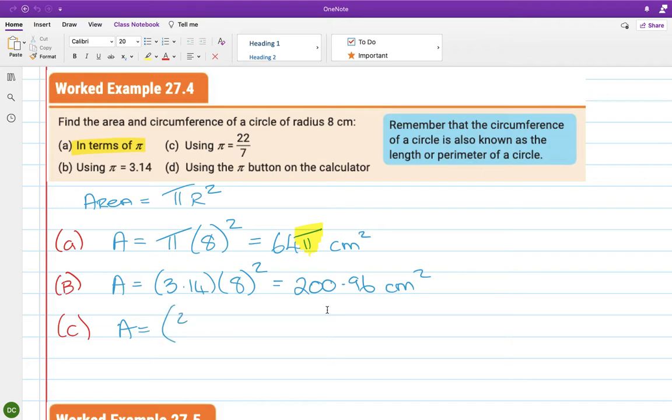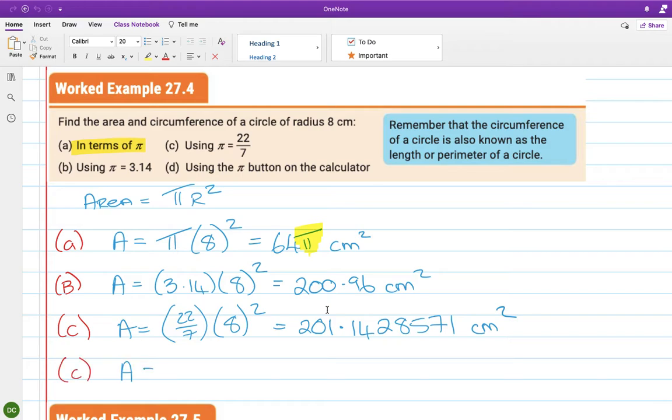So I get 22/7 in here, and again, that's going to go straight into my calculator. I'm going to have to write the whole thing. So it's 201.142857 centimeters squared.